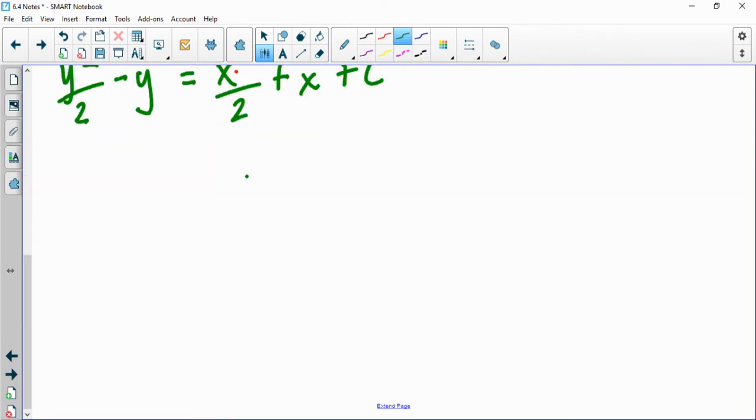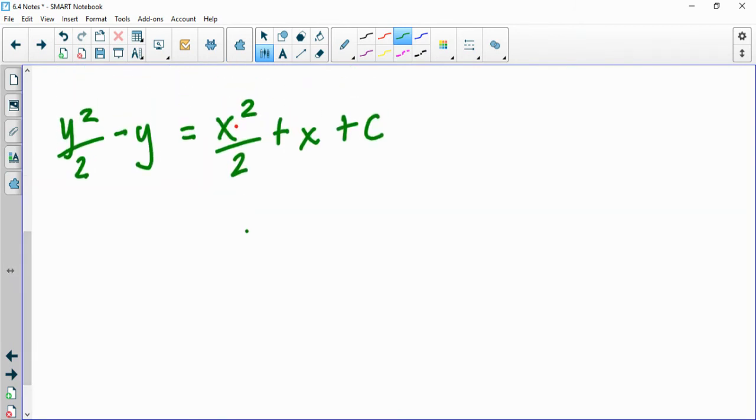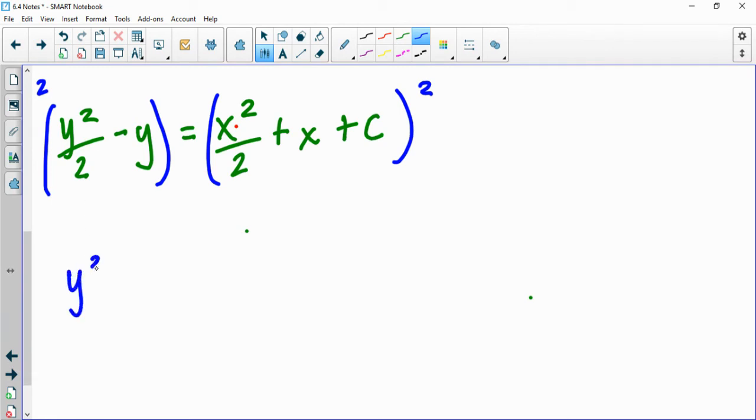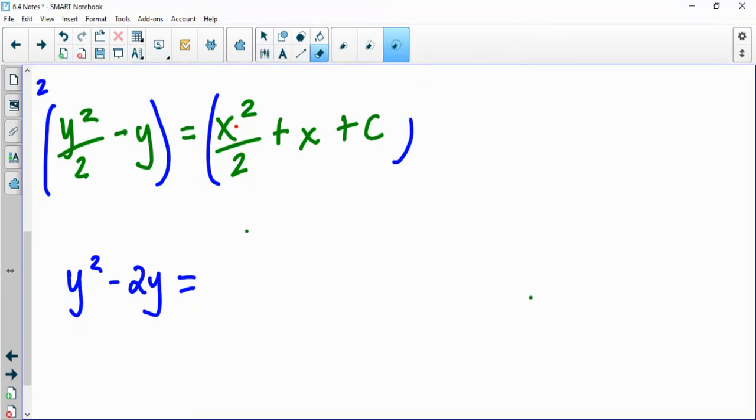And let's see. I'm going to try to get rid of these fractions. So I'm going to multiply everything over here by 2 and everything over here by 2. So this first term will just turn into y squared, but then I'll have a minus 2y, and then equals, multiplying by 2, not squaring something, just so that's clear.